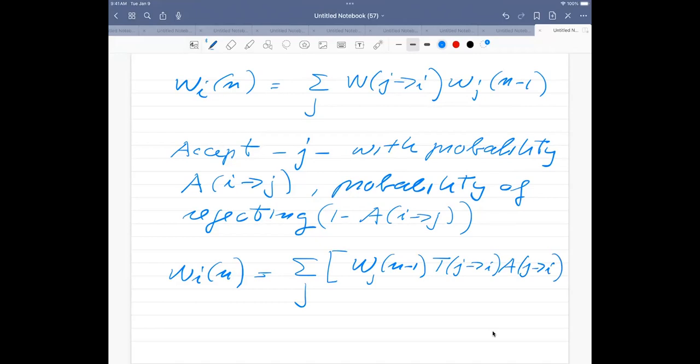So this is as before. But now, as a manipulation, I want to add the probability of actually staying in the same position. So I include w_i of n minus 1, which has a probability T of i going to j, but since I am actually refusing this, I take 1 minus A of i goes to j.